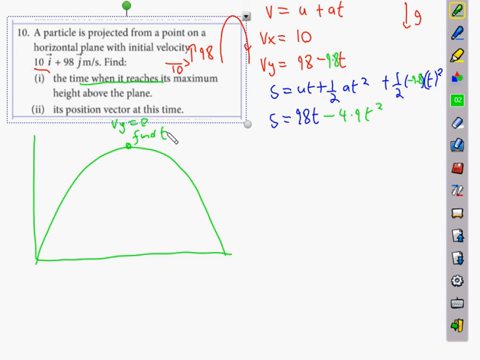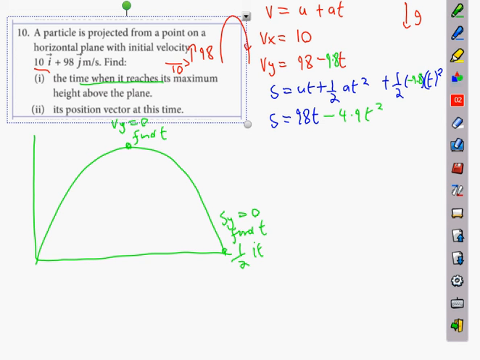Way number two: Sy equals 0, find T, and then once you find T, half it. Two ways. One of them involves a quadratic, one of them involves a linear. Go with the linear for the time being.